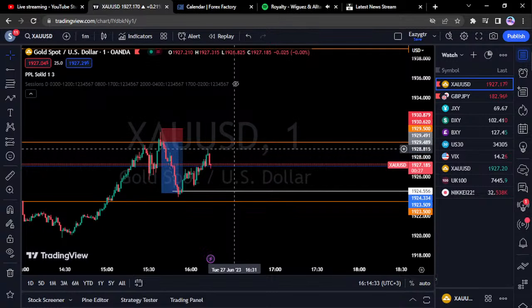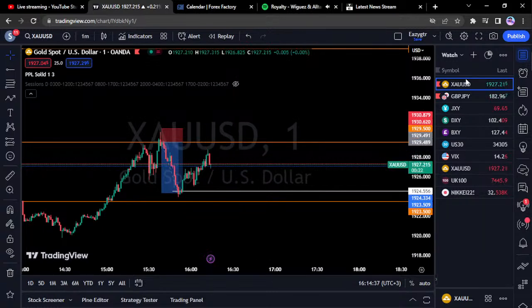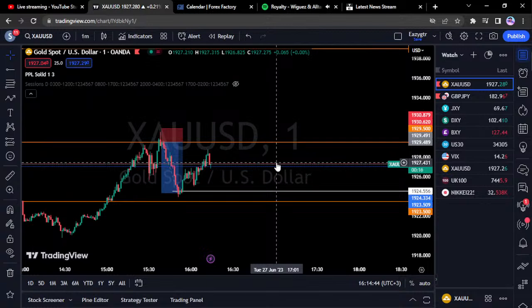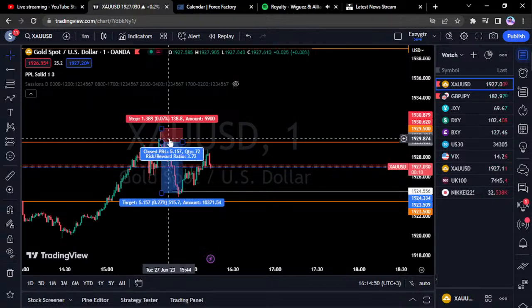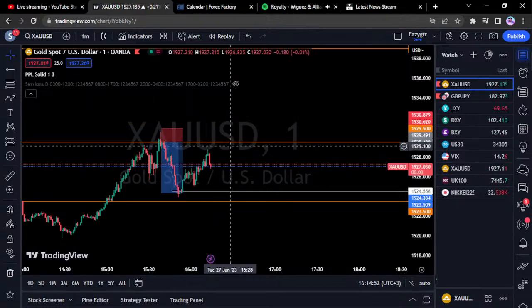But for re-entries, personally I wouldn't want to enter right now because we have low volume and we are moving towards the close of sessions. I like moves like this happening during New York opens, or you could wait for volume during London close.